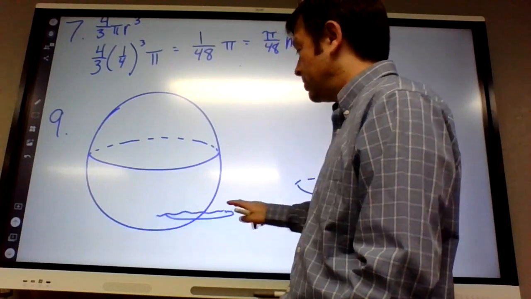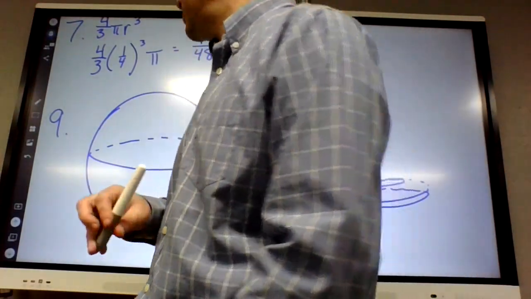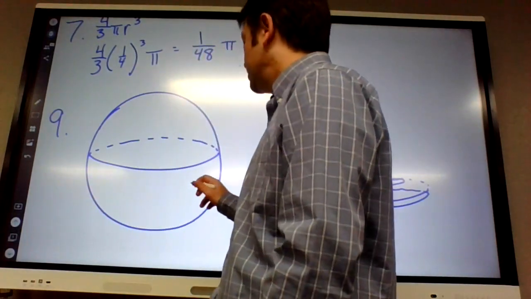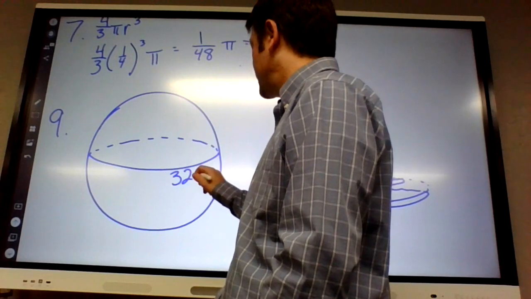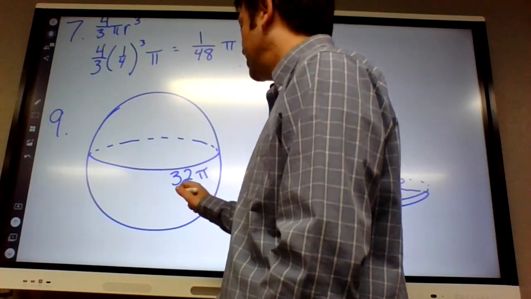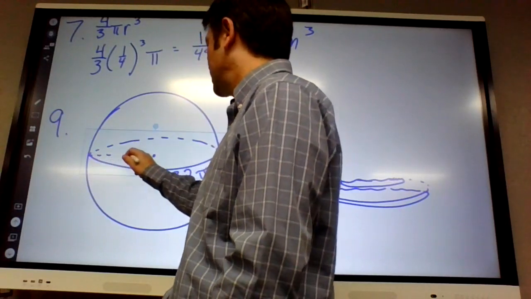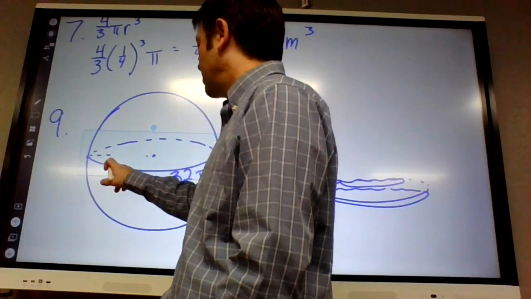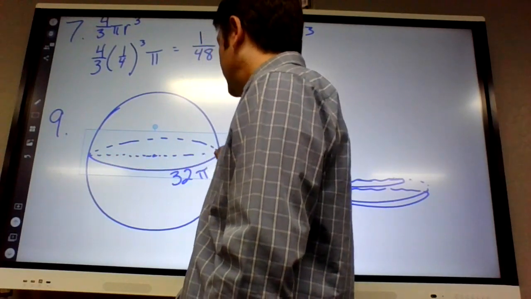All right. So they say the circumference of the great circle is 32 pi. So if the circumference of this circle is 32 pi, what does that tell us? Do you guys remember the circumference formula? 2r pi or diameter pi.